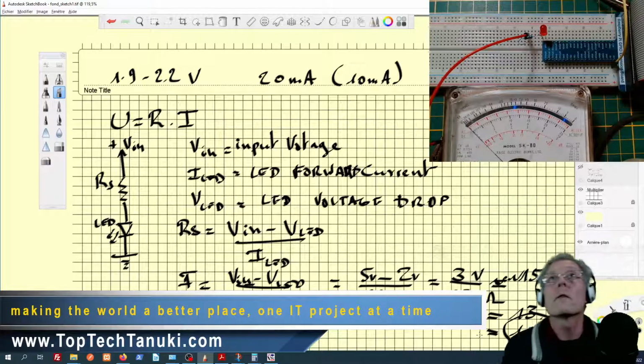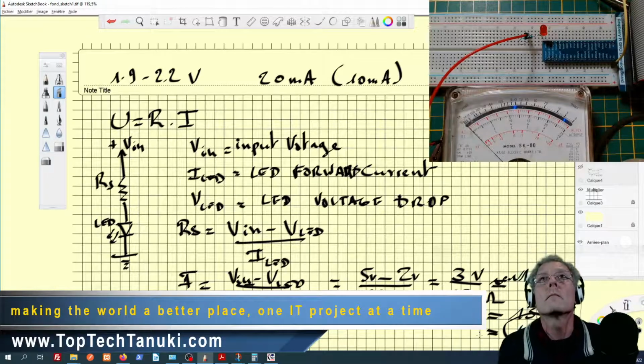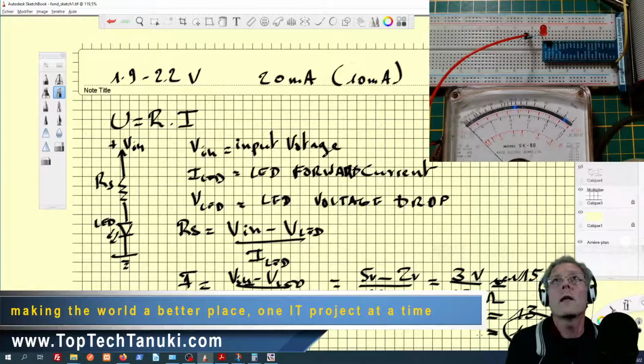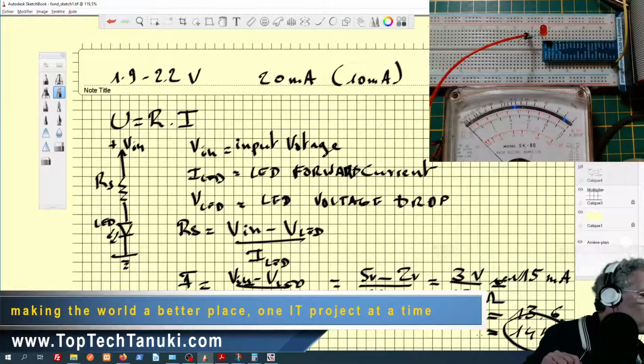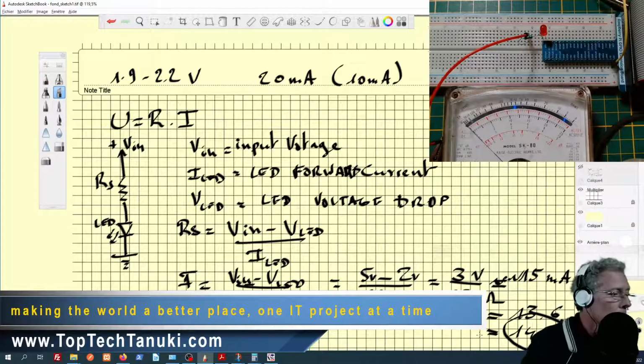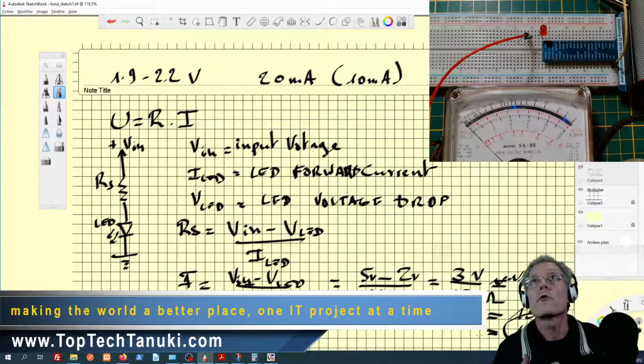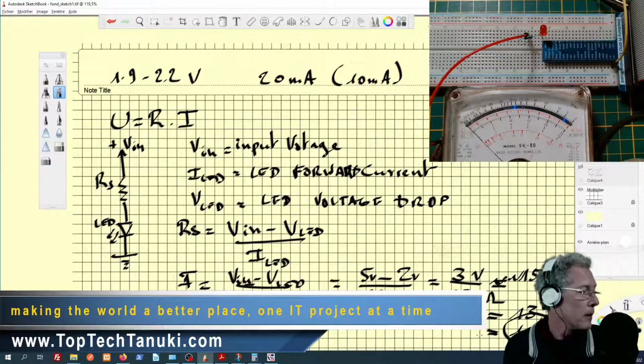And as you can see, I plugged in my resistor, my LED, and one more cable, just to be able to put my ampermeter between the two.